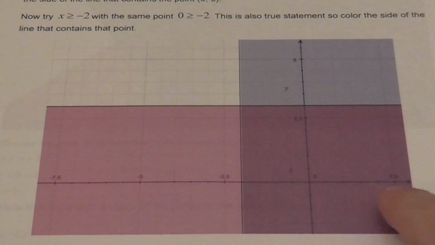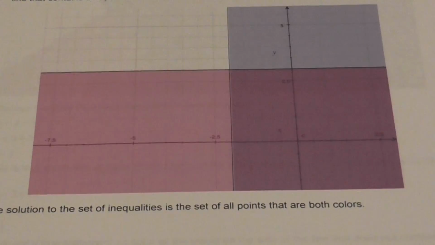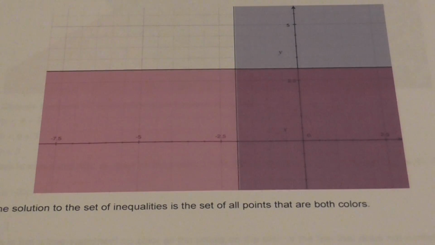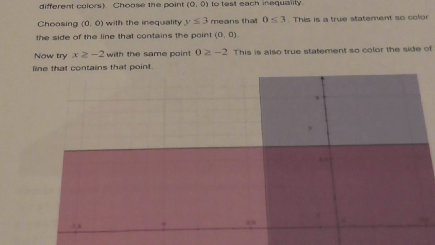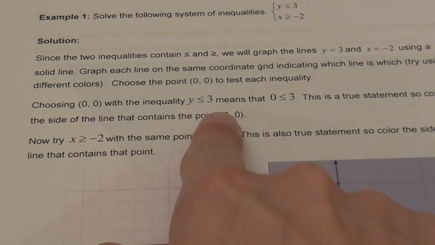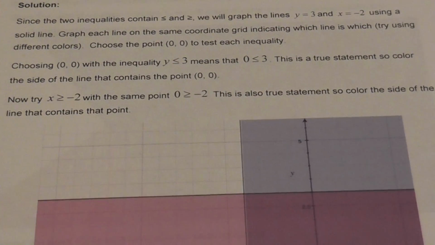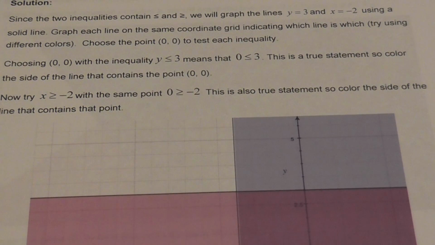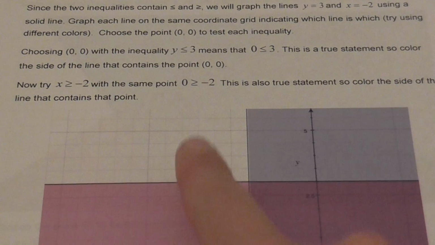Where the two colors overlap is the solution to the set of inequalities. This is the example of using a test point. Choosing 0, 0 with the inequality means that 0 is less than 3, so that's a true statement, so we color where the point 0, 0 is. They did the same thing with the other one as well.